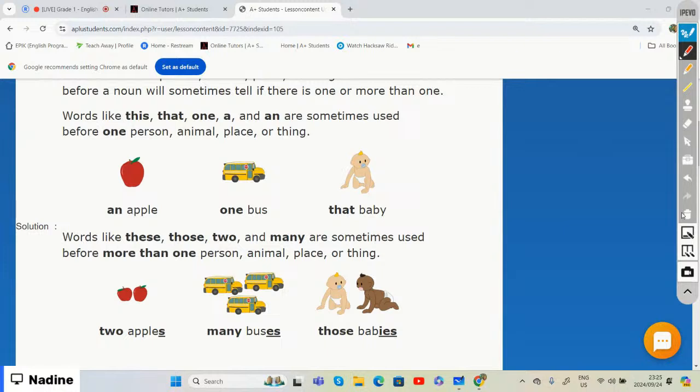And then we have a plural noun. And the plural noun makes mention of more than one person, more than one animal, more than one place, or more than one thing.